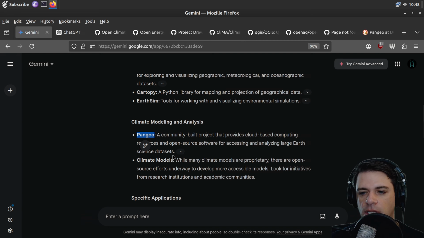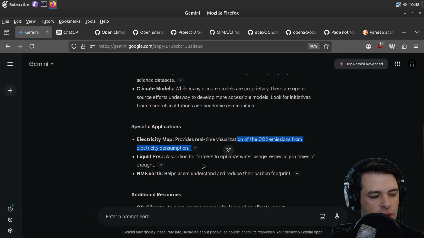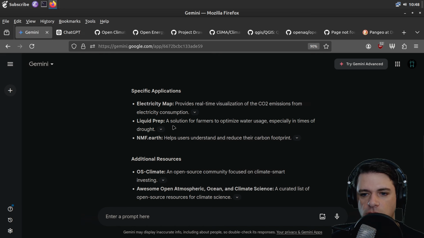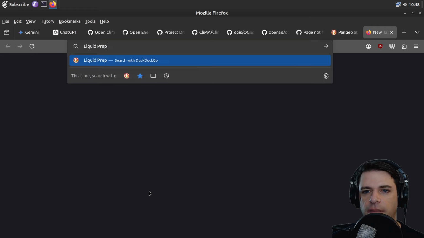Climate models and Electricity Maps. Provides real-time visualization of the CO2 emissions of electricity consumption. Liquid Prep, a solution for farmers to optimize water usage. I am guessing these are just specific applications. I don't know if this is the name of an application or if it's the name of a kind of application.